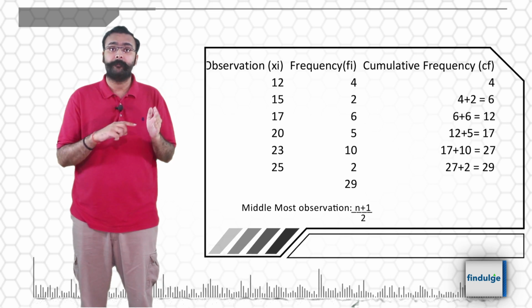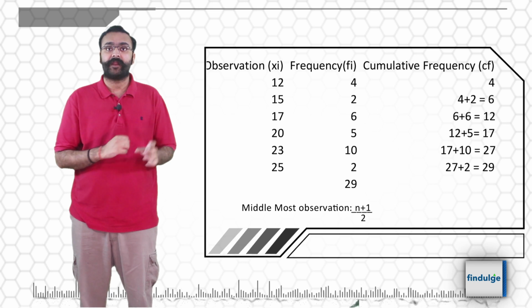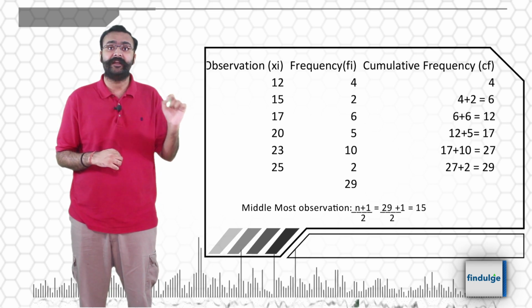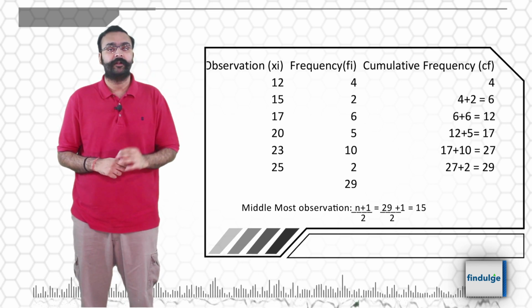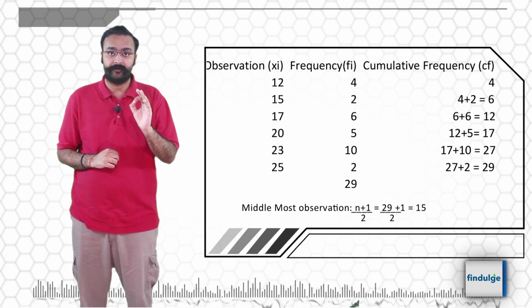So in this case, the median observation will be the (29+1)/2 = 30/2 = 15th observation. Your 15th observation will be your median.